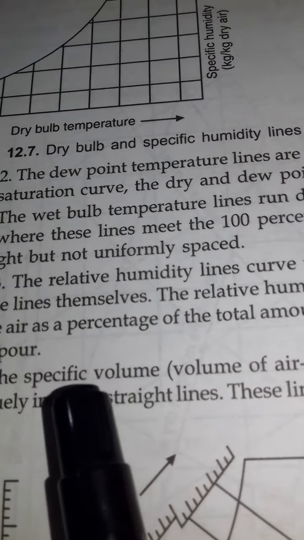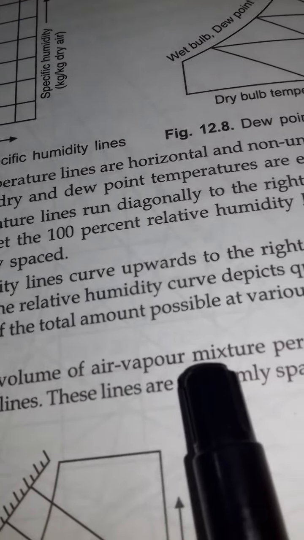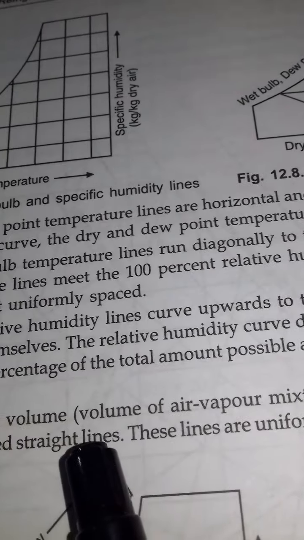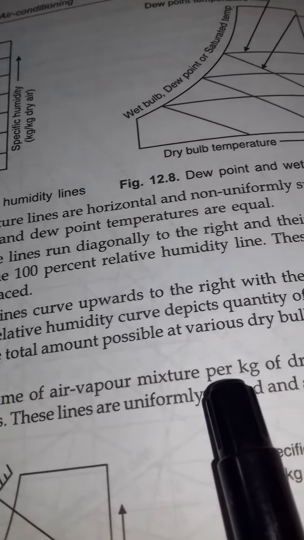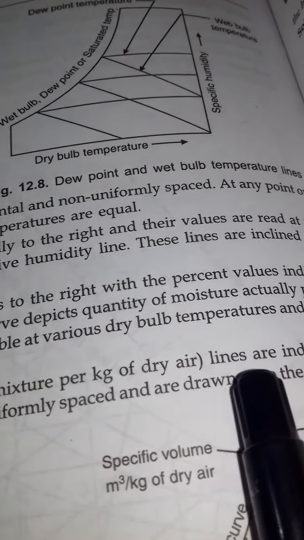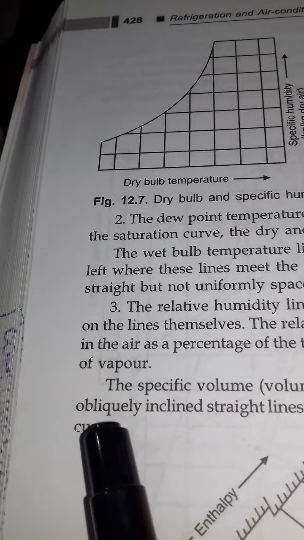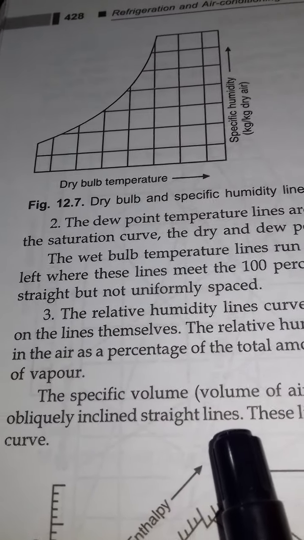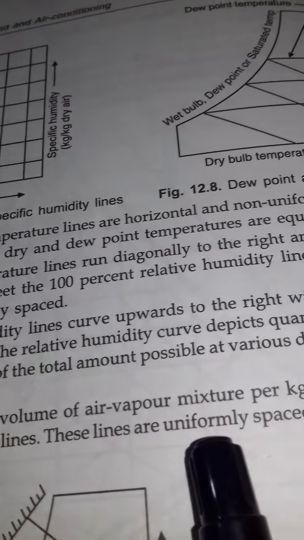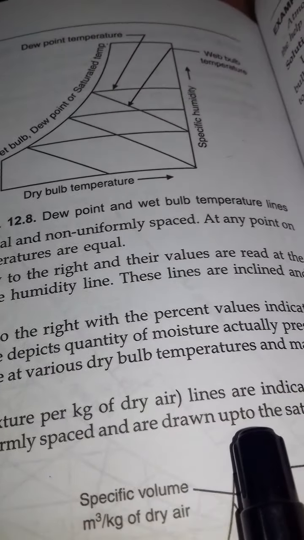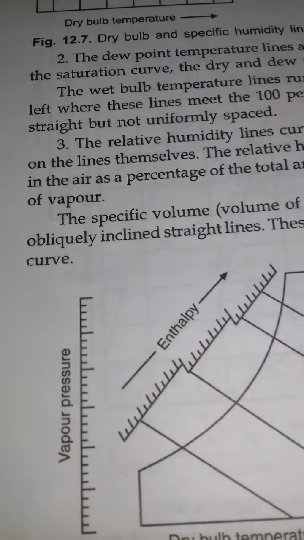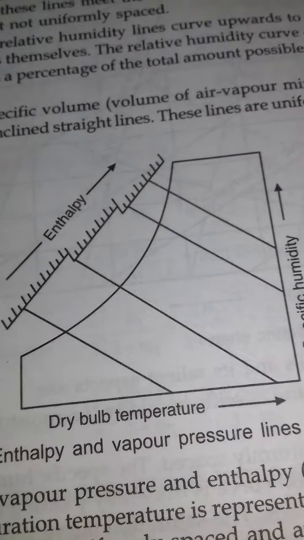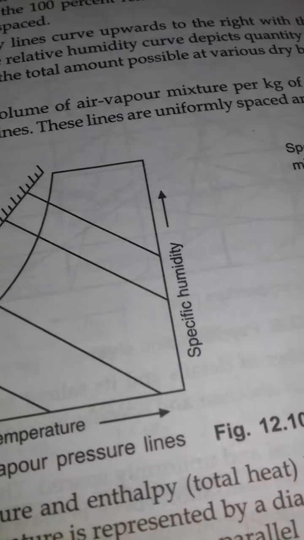The specific volume, that is, the volume of the air-vapor mixture per kg of dry air, is indicated by obliquely inclined straight lines. These lines are uniformly spaced and are drawn up to the saturation curve. So here you can see this WBT line.